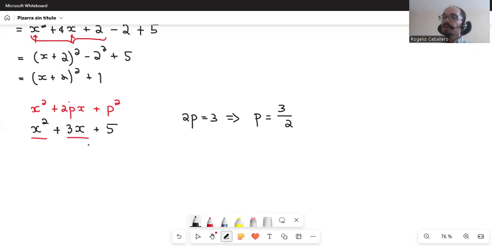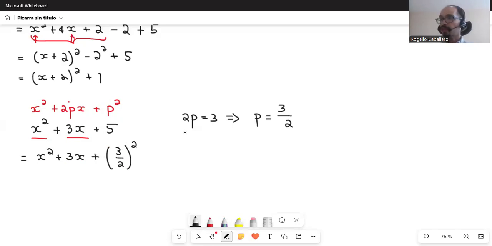So what am I going to do now? Now I'm going to write x squared plus 3x, and then I'm going to add my p squared. So we have plus 3 over 2 squared. And that's the perfect square trinomial that I was after.